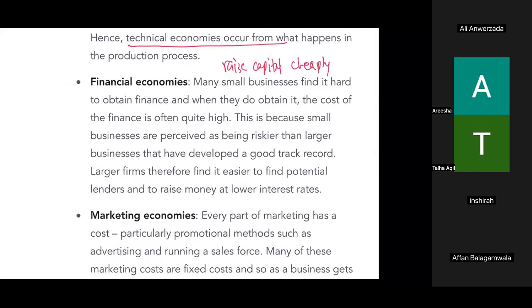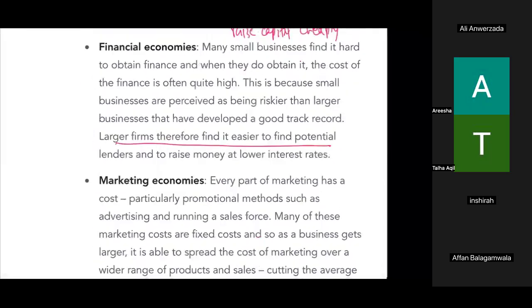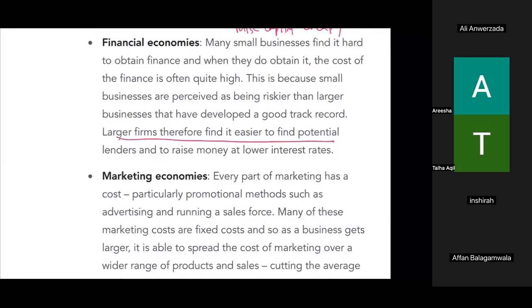But when you are raising capital as a small player, you may need to only go to the bank, and the bank may not give you large loans because you are a small player. So when you are large, you have access to banks. Larger firms, therefore, can find it easier to raise capital as compared to small firms. And that could also be a cause of why, when we expand production, our average cost goes down.